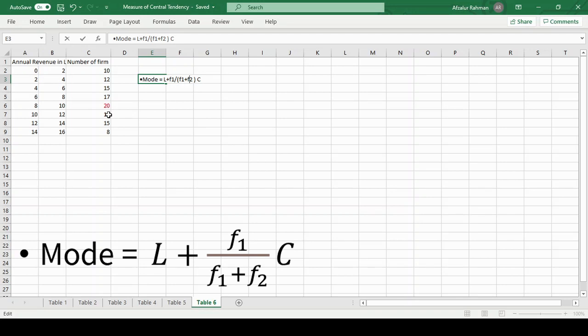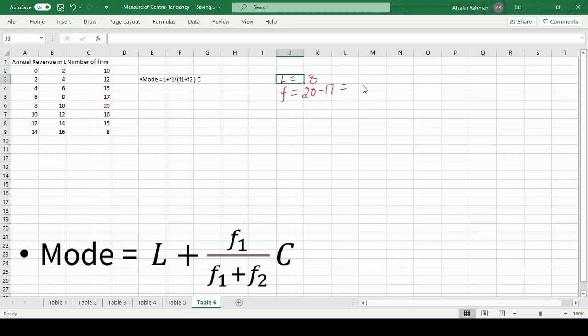So let me write here for your easy understanding. L is equal to 8. Here is the 8 lower limit. Then next is F1, which is equal to 20 minus 17.